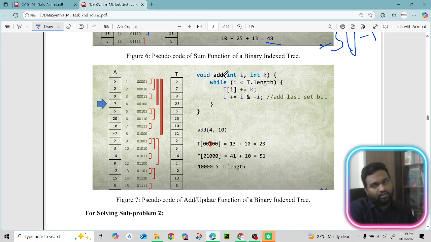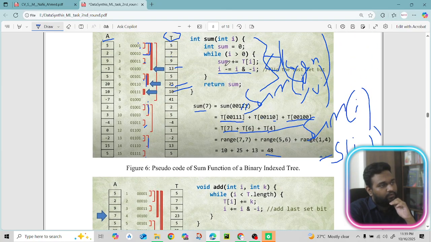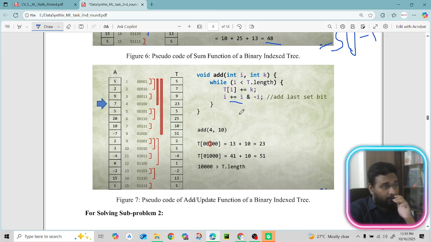Similarly, the add function, or you can call it the update function, happens the same way. Just initially we were doing the negative task here; now we are doing a positive one because we want to set the last bit. So at 4 comma 10, at the position of 4, I'm going to add 10.